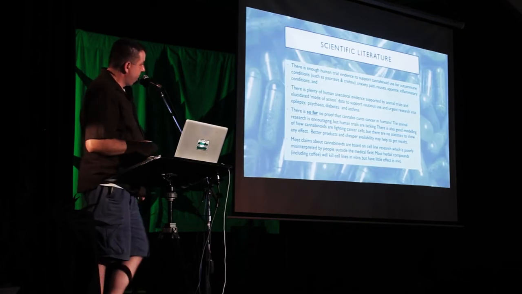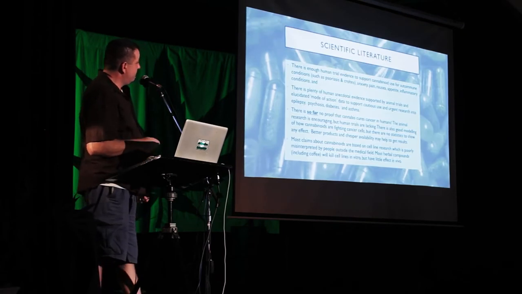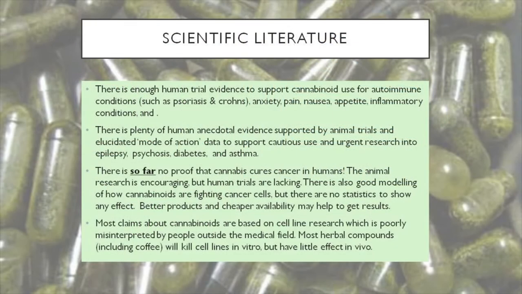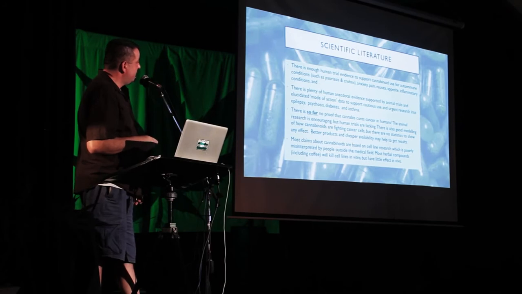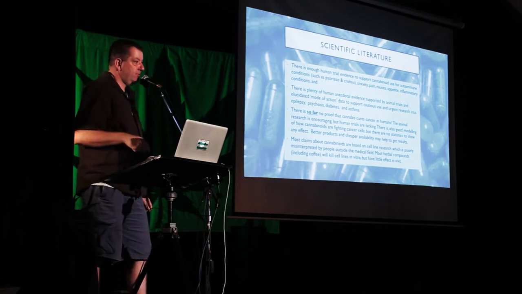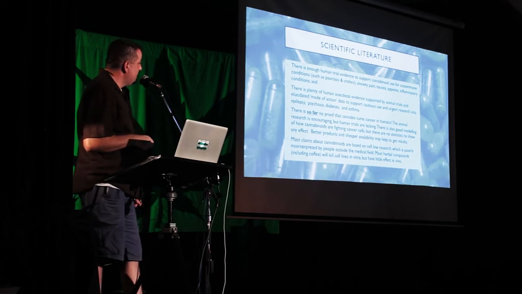Just as a summary, there's enough human trial evidence to support cannabinoid use for autoimmune conditions such as psoriasis and Crohn's, anxiety, pain, nausea, appetite, inflammatory conditions, and I forgot one. There's plenty of human anecdotal evidence to support animal trials and mode of action data to support cautious use into urgent research into epilepsy, psychosis, diabetes, and asthma, as was talked about by the previous speaker.